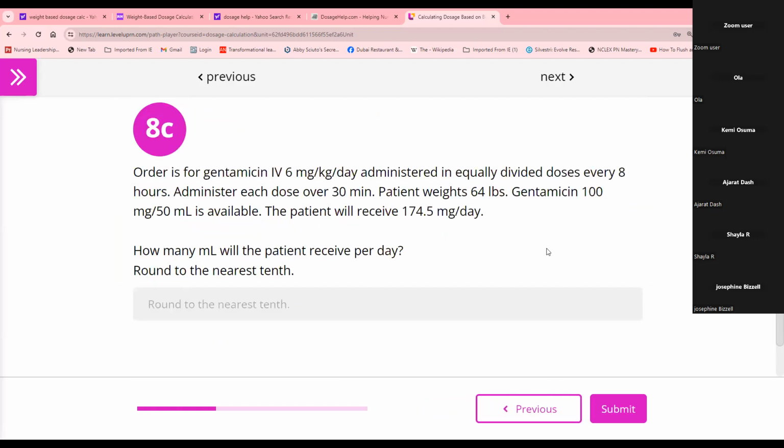Now it's asking us how many mLs will the patient receive per day. So you guys remember how to do this? Remember, you're going to take that dose that you ordered, that total daily dose, which it actually gives to you in the question, the 174.5 that we got, right? And you're going to divide that by what? 100. Okay. And times it by 50.